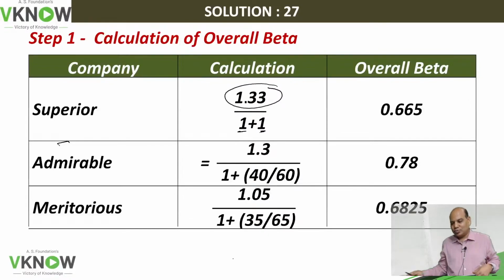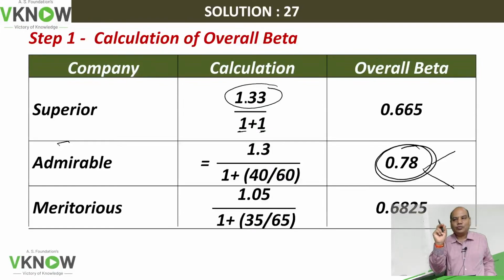The answer is not over. There is a small adjustment pending. This 0.78 is the weighted average of two businesses, electronic business and other, and their weightage is 0.8 and 0.2.